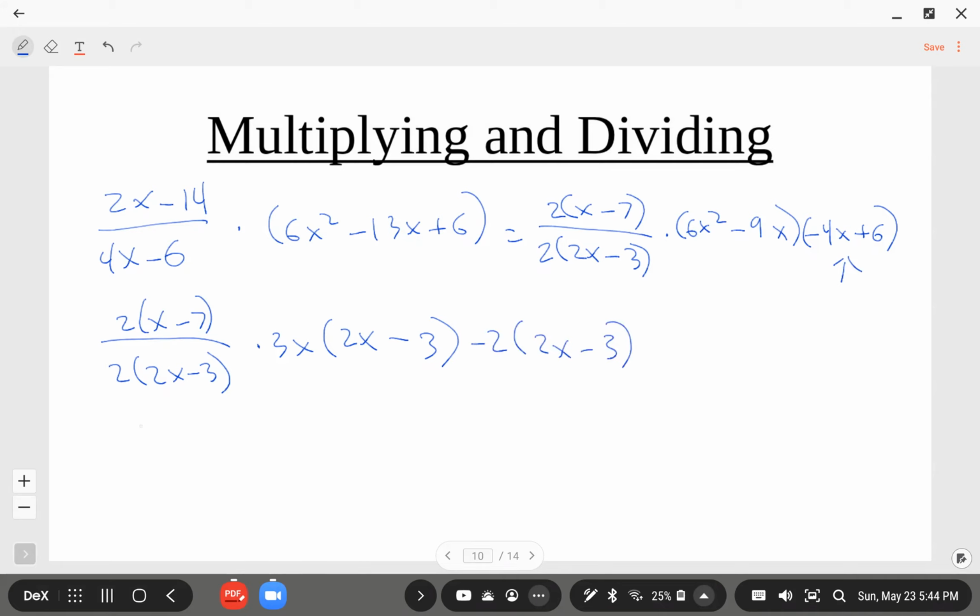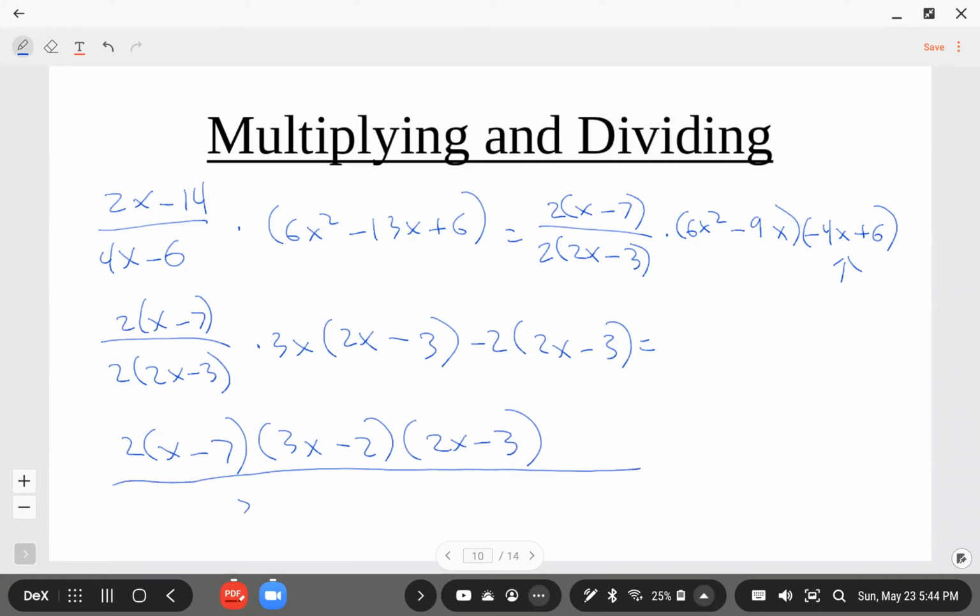Basically, it is 2 times x minus 7 times 3x minus 2 times 2x minus 3, over 2 times 2x minus 3. After that, we can cancel out a lot of things: the 2 and the 2x minus 3.